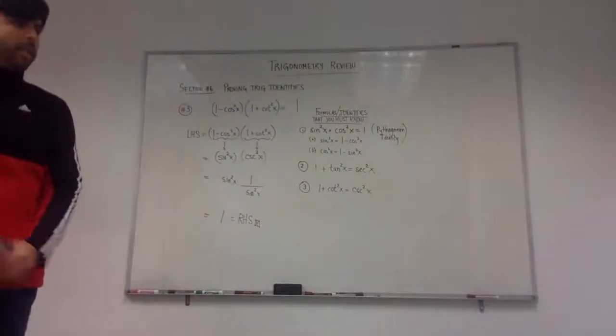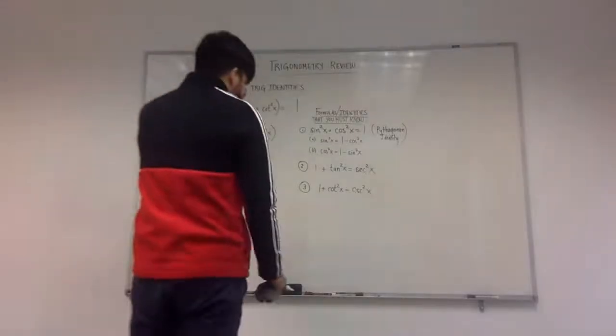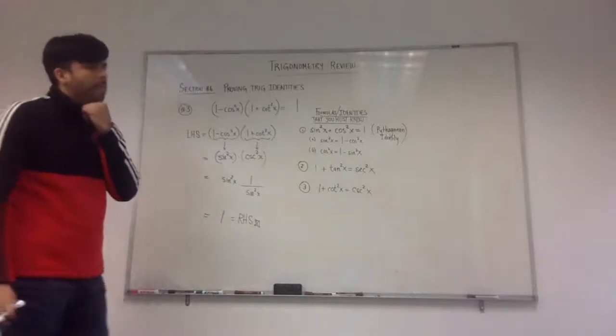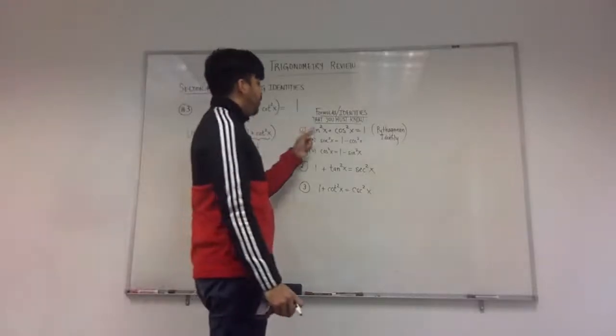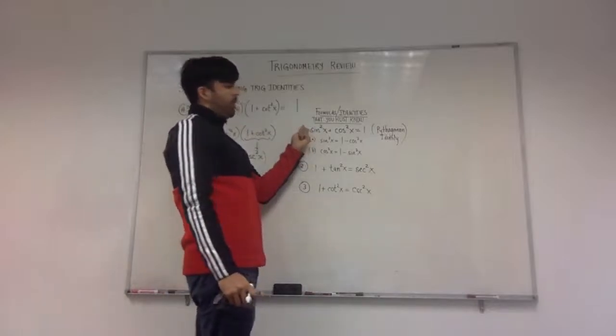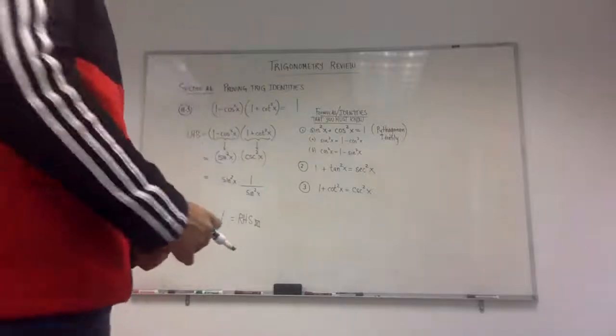So these are the identities that I must know and be able to recognize just by glancing at them. So in a way, I want to commit them to memory, but in reality, all you really need to know as a foundation of this is sine squared x plus cosine squared x equals 1.